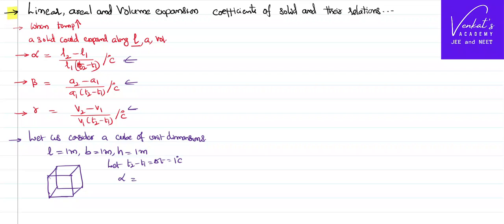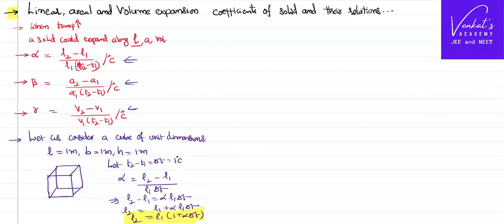We know alpha is defined as (L2 minus L1) by L1 delta T. When you cross multiply, L2 minus L1 is alpha L1 delta T. Take that L1 to the other side: L1 plus alpha L1 delta T. So L2 equals L1 common, (1 plus alpha delta T). That's what we have found: the final length in terms of initial length and rise in temperature.